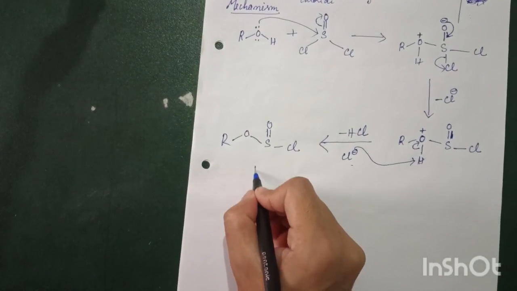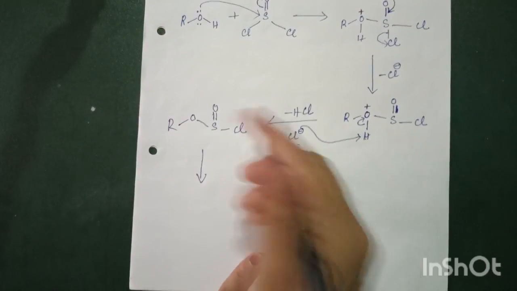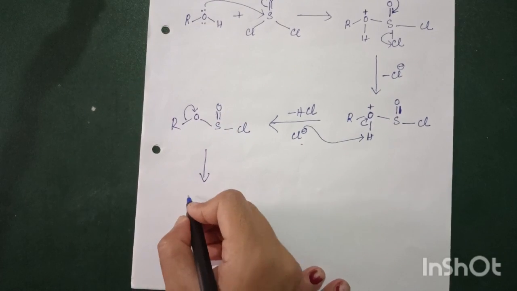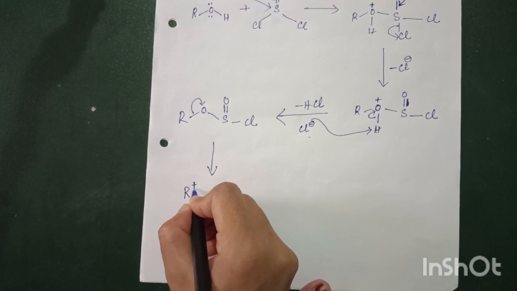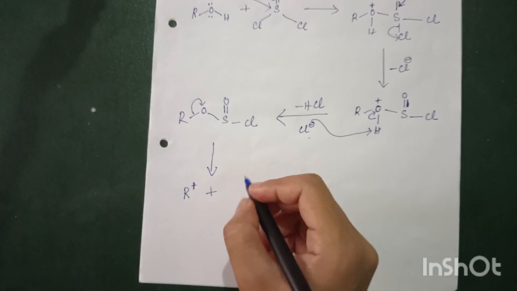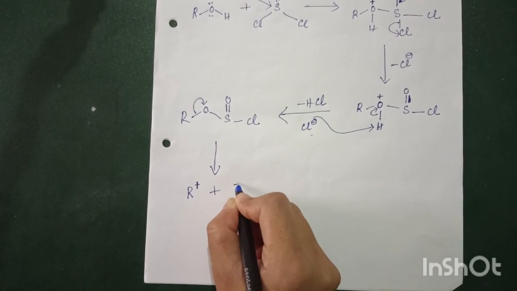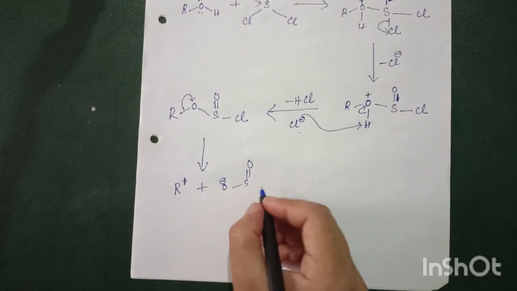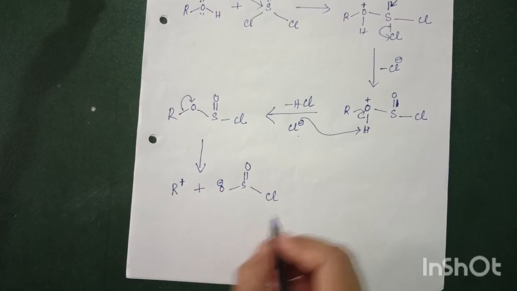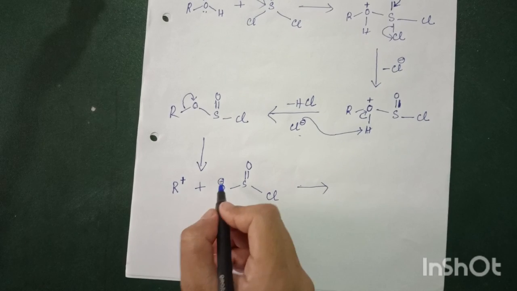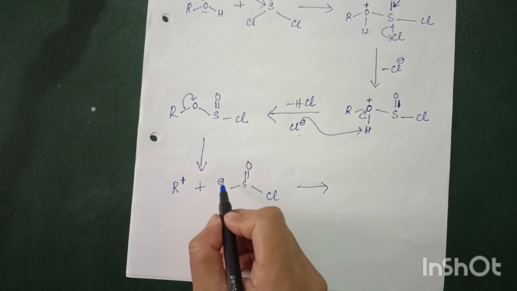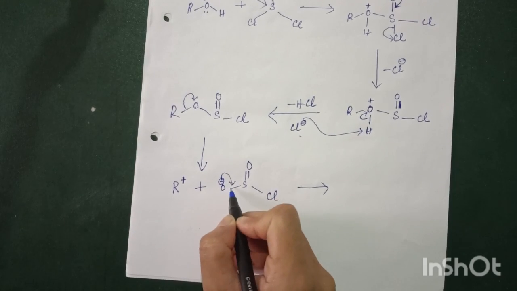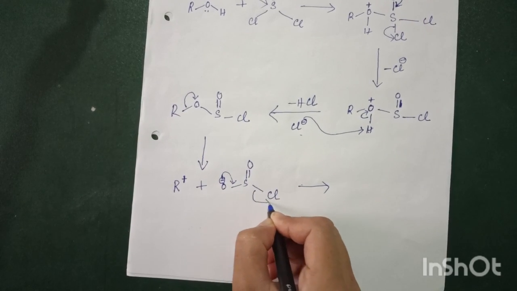So now again, this bond will transfer towards this oxygen. Now R will become R plus, which is a carbocation, and this oxygen will carry a negative charge, and this oxygen still remains. Now see, this oxygen being negatively charged can again shift this as a pi bond, and this Cl will leave as Cl minus.